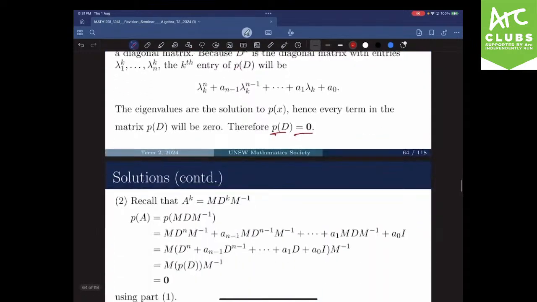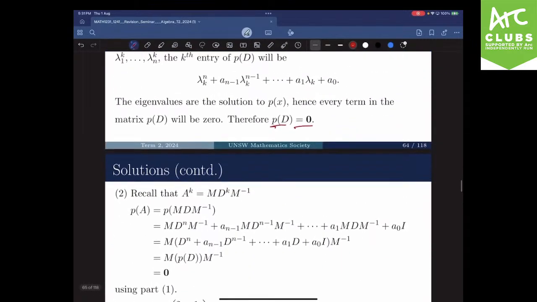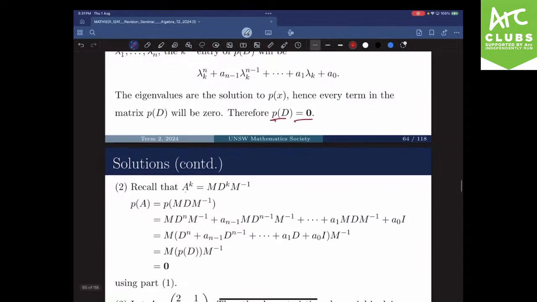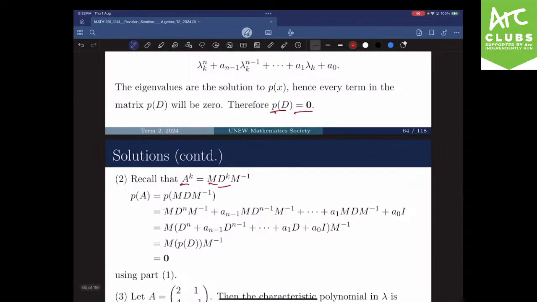Okay. And so for part 2, we also want to show that P of A is equal to 0. So how can we do this? We know from before that A to the K is just equal to M times D to the K times M inverse. So P of A is equal to P of this. And thus it's equal to M D to the N M inverse plus A N minus 1 M dot dot dot.